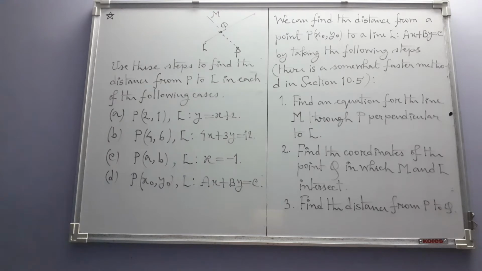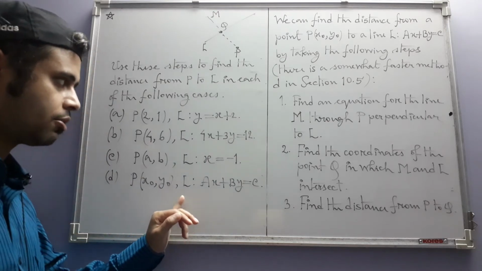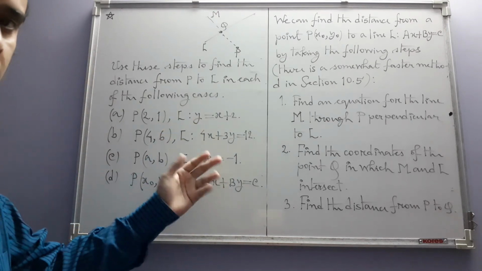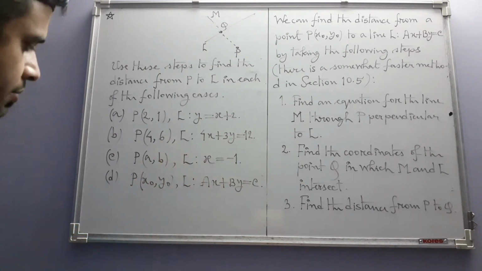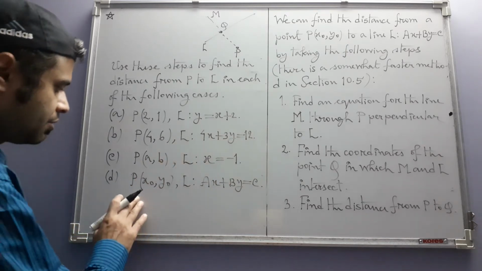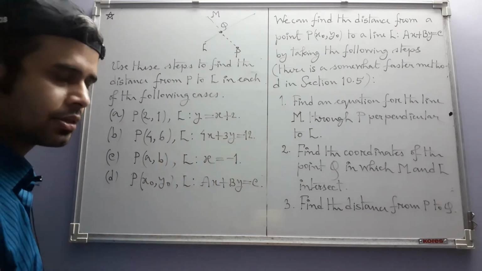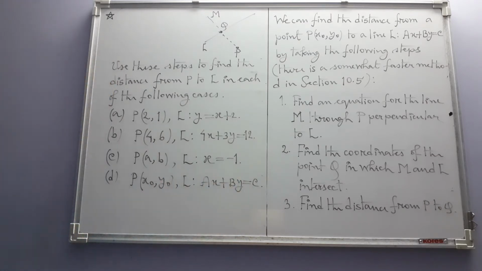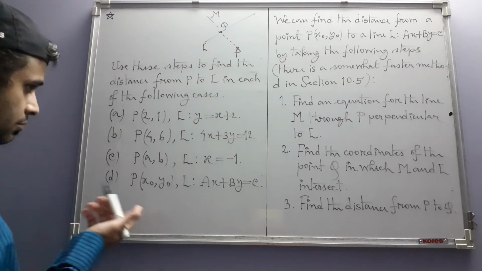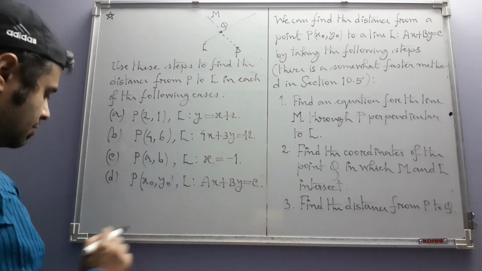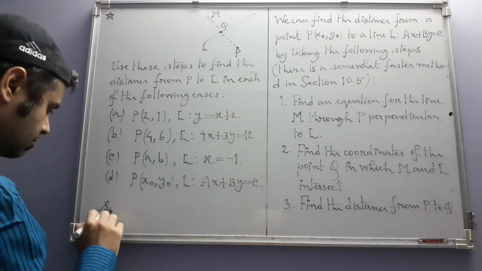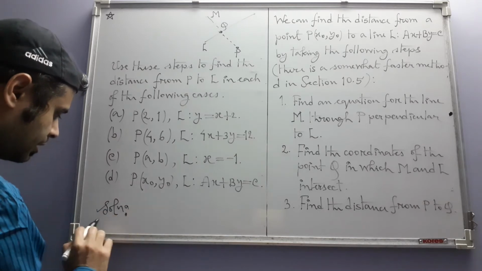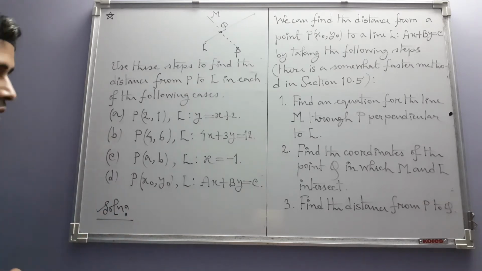Okay, so we will solve only part D, so automatically the other parts will be solved, they will follow from this. So essentially we will find a formula for this distance, because here the point is general and the line is also general, and steps are given, so we are going to follow the steps in that order in which they are given.